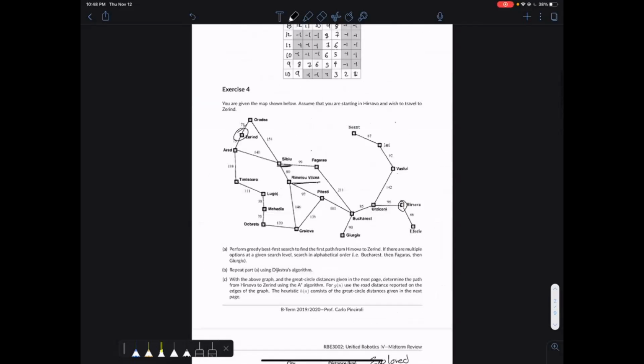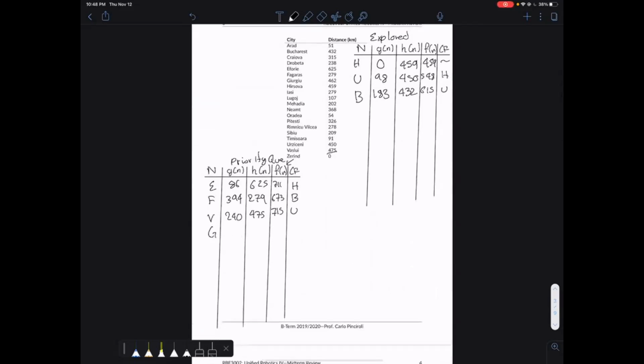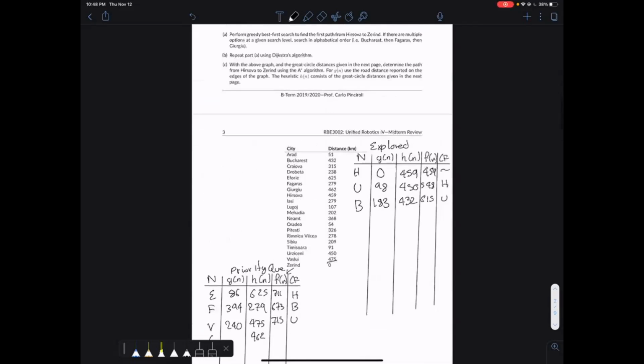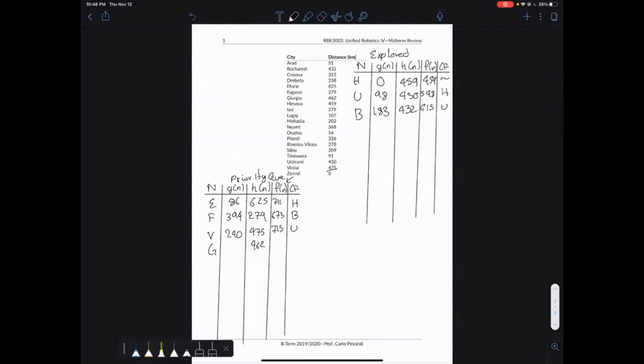Our next node that we're adding is Fagaras. Fagaras has an H of n cost of 462. If I can read right, its path cost is going to be 90 plus the last path cost, so 90 plus 183 gives me 273.